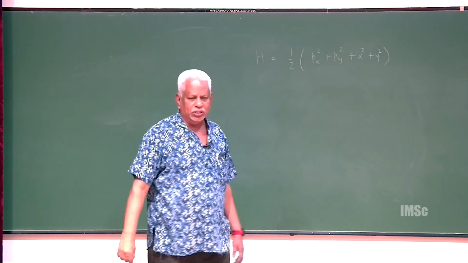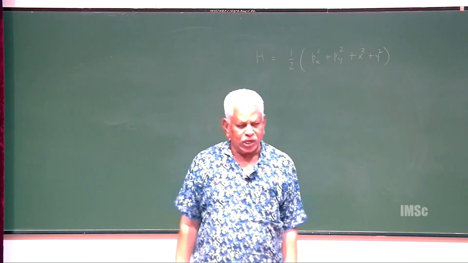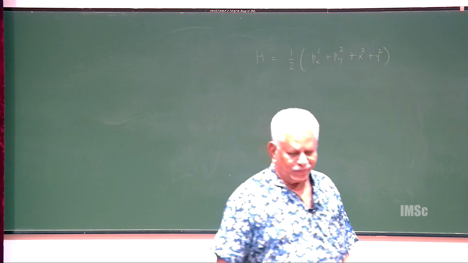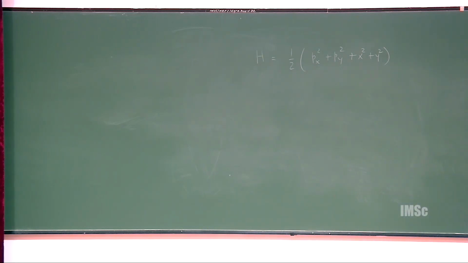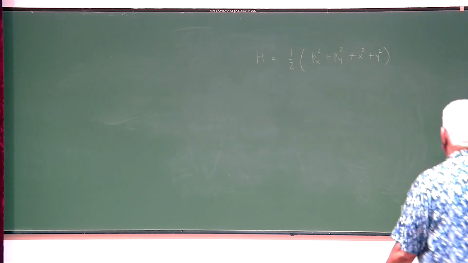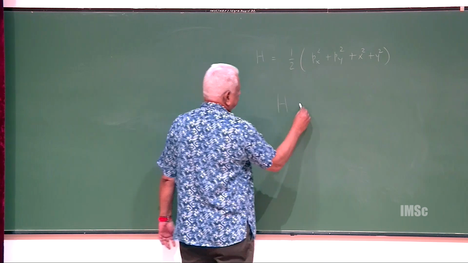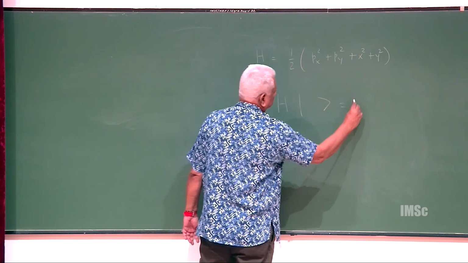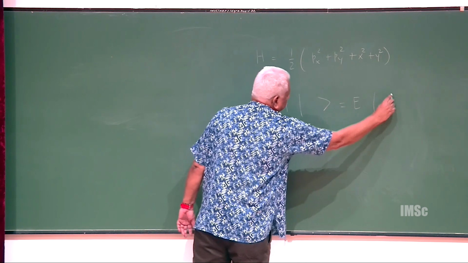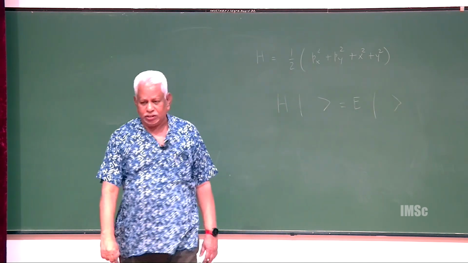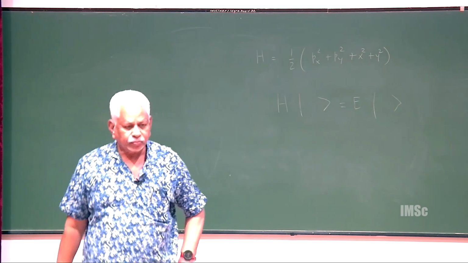I will have the frequency for both oscillators the same, which means 2 oscillators instead of 1 oscillator. As simple as that. Now can anyone tell me what the eigenstates are for this problem?